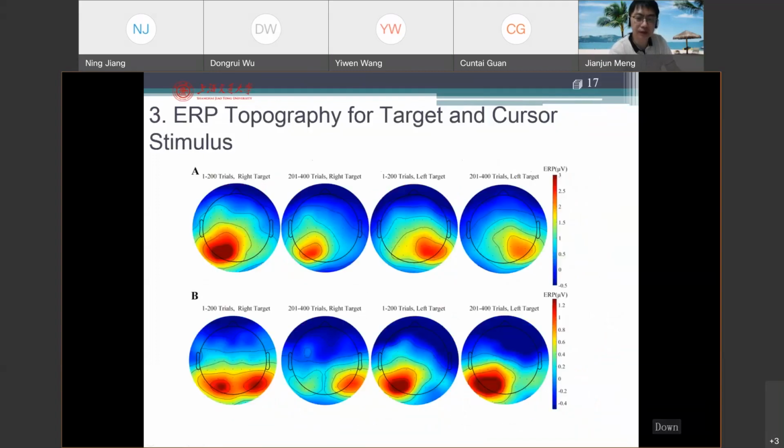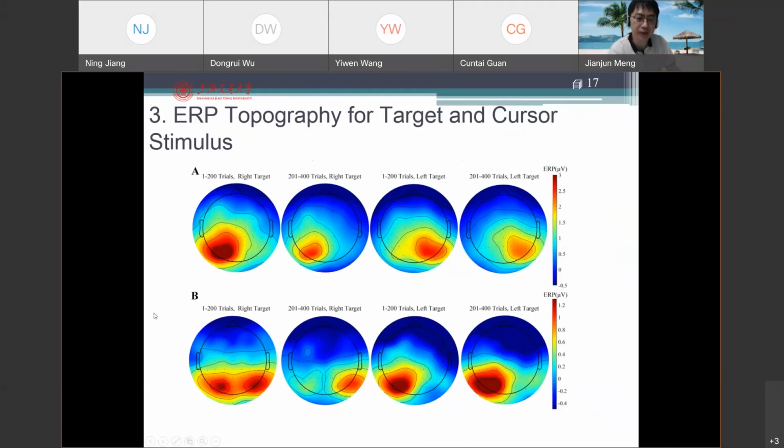And also we analyzed the average ERP amplitude during the 300 plus minus 50 millisecond period after the target appeared. And this was given in the first row. And we also analyzed the average ERP response after the cursor appeared. The ERP response for the cursor is shown in the second row.